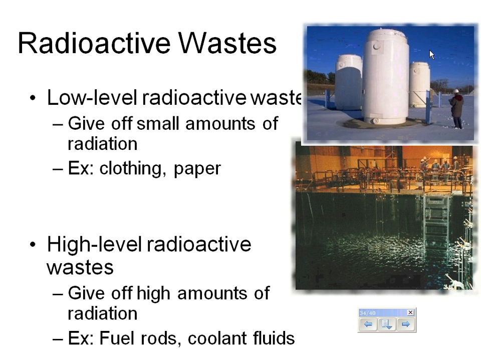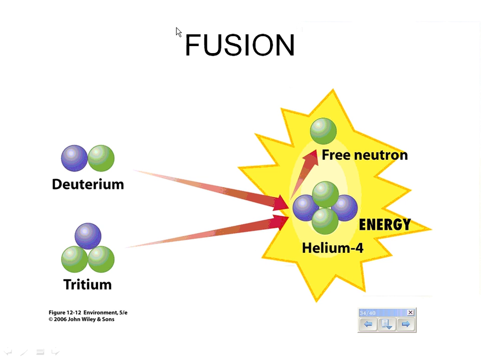So we use nuclear fission. Nuclear fusion is the process of taking deuterium and tritium, which are both isotopes of hydrogen, and heating up temperatures extremely hot to force the nuclei to fuse together. That's showing you here, deuterium, tritium.